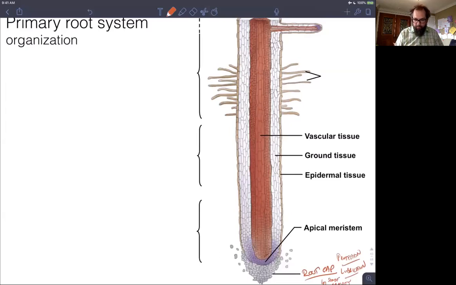And so right near the apical meristem, this is the zone of cell division. And so this zone of cell division includes the apical meristem, where all those actively dividing undifferentiated cells are, as well as those three primary meristems.